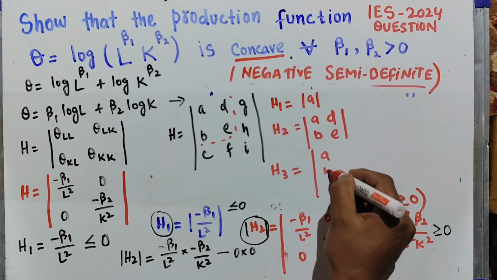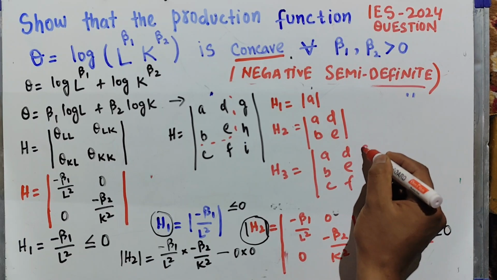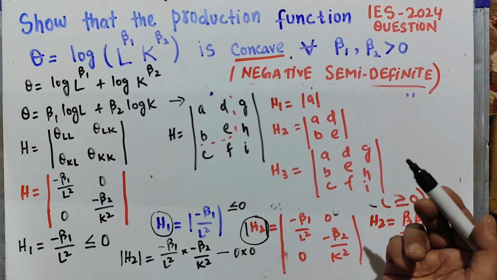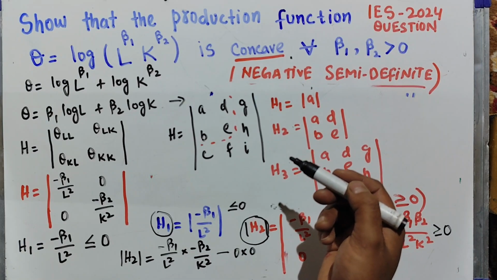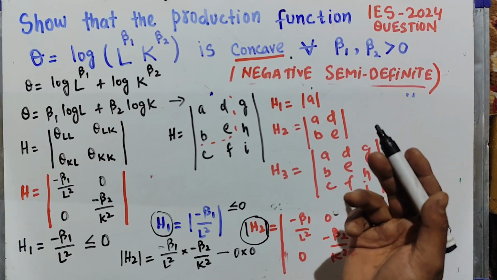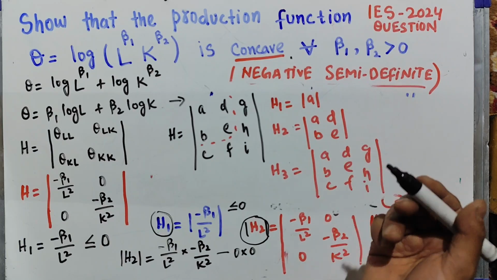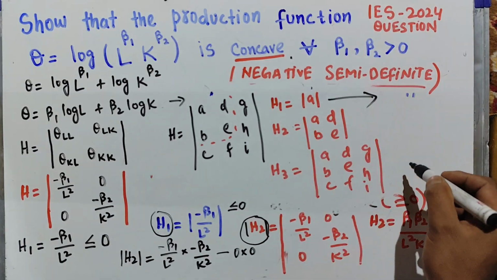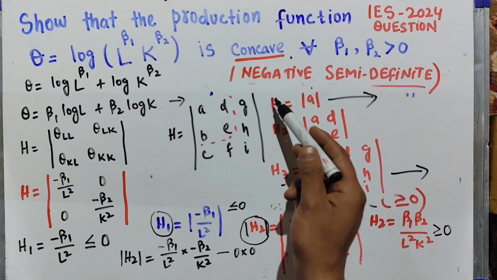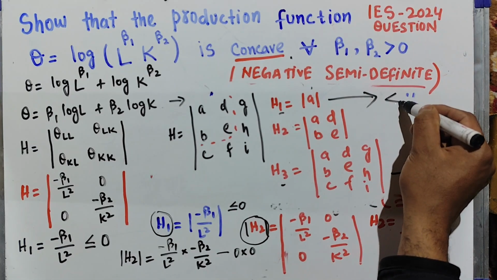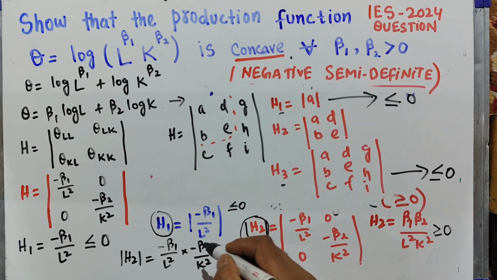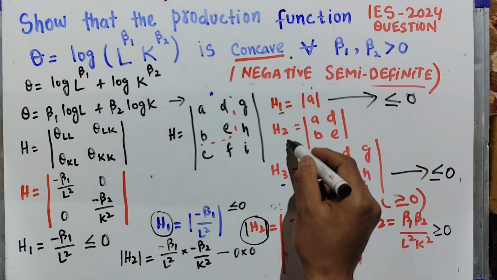We say a matrix is negative semi-definite if every odd principal minor, with subscripts 1 and 3, is less than or equal to 0, and every even principal minor, here H2, is greater than or equal to 0.